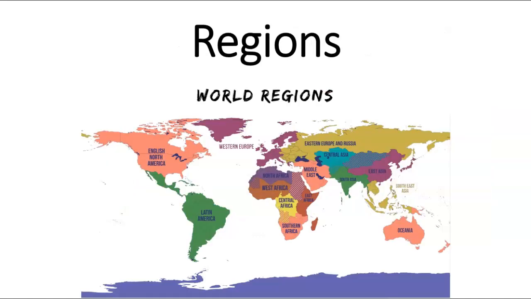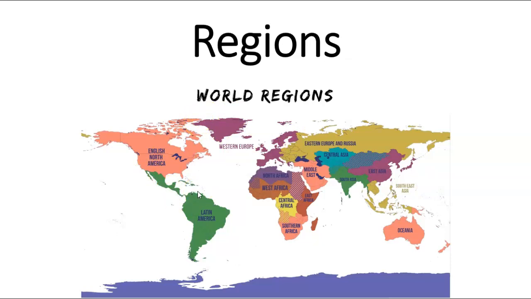Remember, regions are also important for you to know. So the different regions that exist in the world can include North America. Rather than South America, we refer to it as Latin America. This would include Central America, the Caribbean islands, and also Latin America, as well as Mexico, which is typically considered part of North America. We can see Europe.